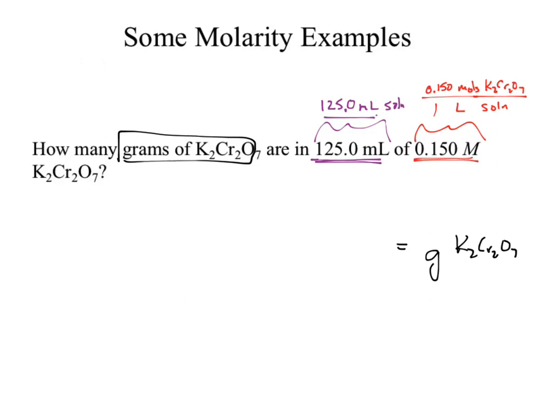Okay? The red one doesn't give me the right measurement unit either. It gives me moles and liters. I don't want moles or liters in my answer. But what do I want? I want the potassium dichromate. So I want that substance. Where should the substance show up in my answer?